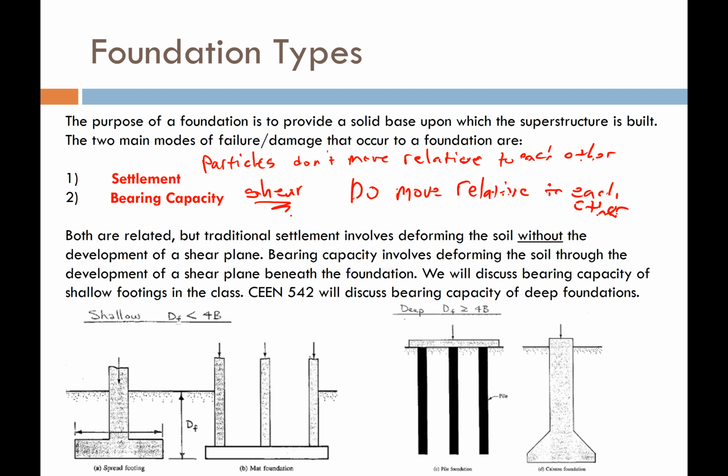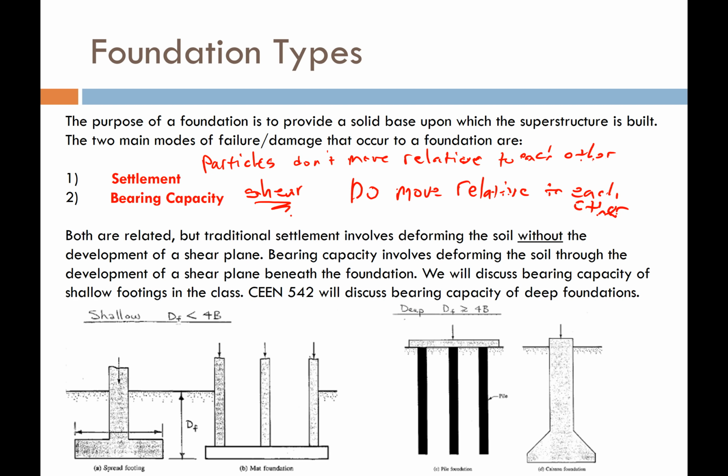Maybe the doors won't open or close right, or the windows won't open or close right. You might start to see cracks forming in the side walls, and you might see cracks in the corners of your foundation or your foundation walls. These are all telltale signs that vertical deformation is occurring. But you need to figure out whether it's coming from settlement or whether it's coming from bearing capacity failure.